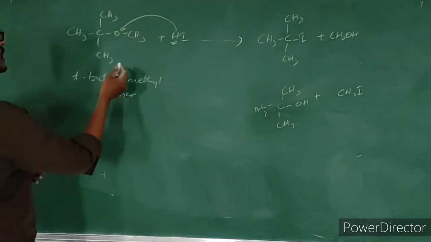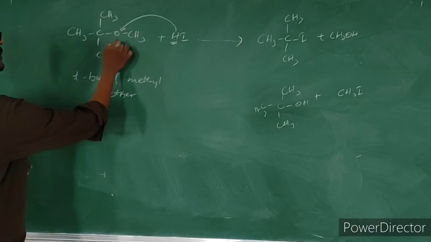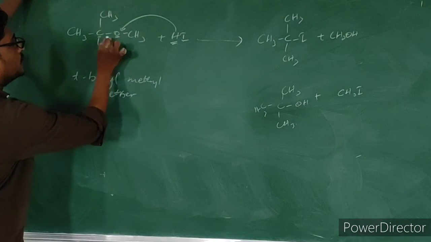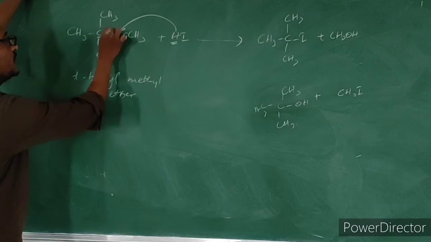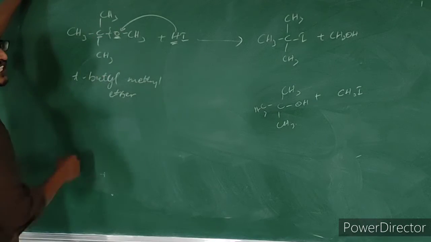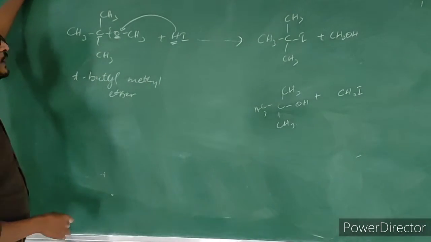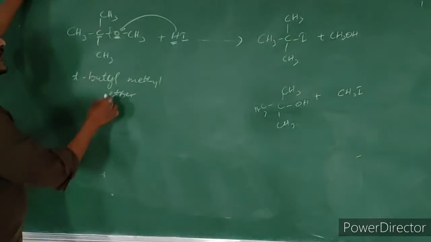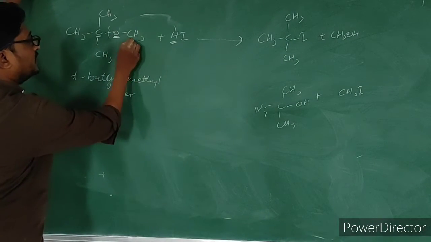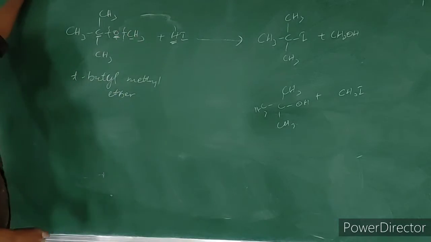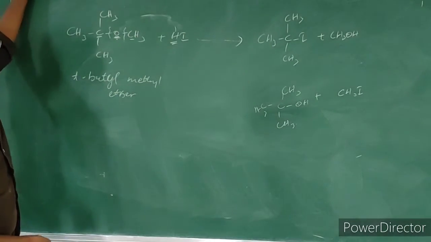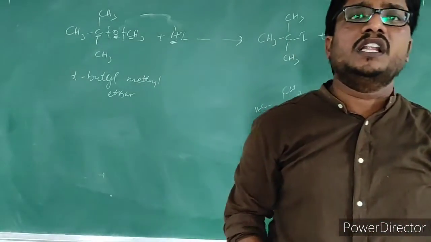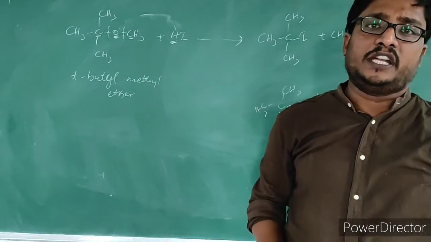Now when the bond breaks between the carbon of the tertiary butyl group and oxygen, a tertiary butyl carbocation is produced. If the bond breaks between the methyl carbon and oxygen, a primary carbocation is produced. You know that a tertiary carbocation is more stable when compared with a primary carbocation.